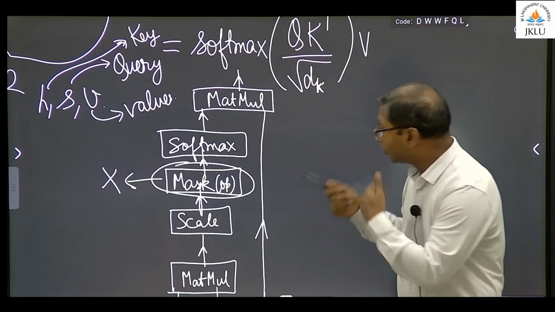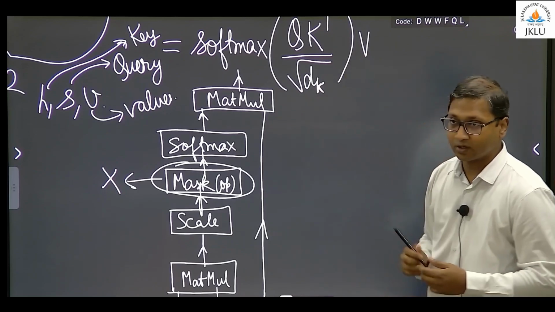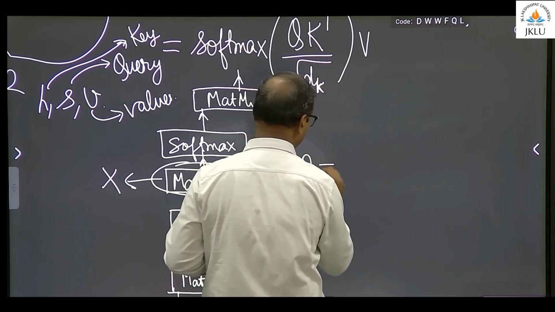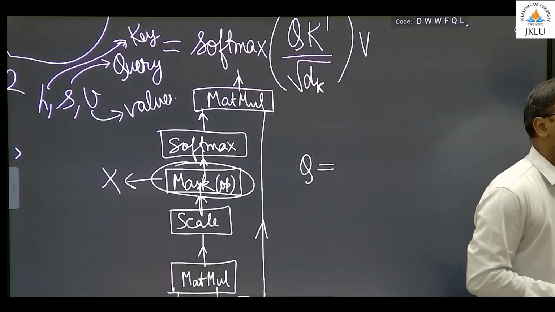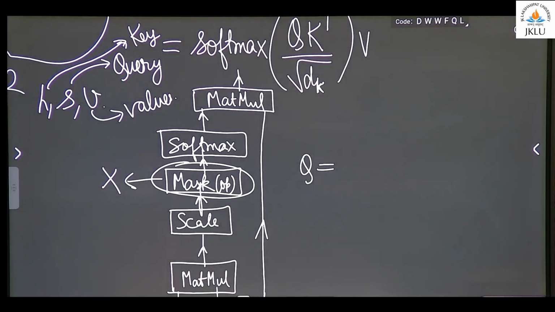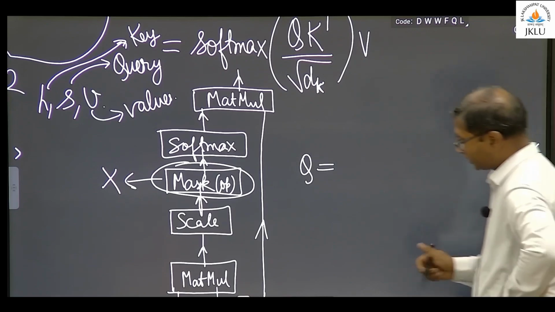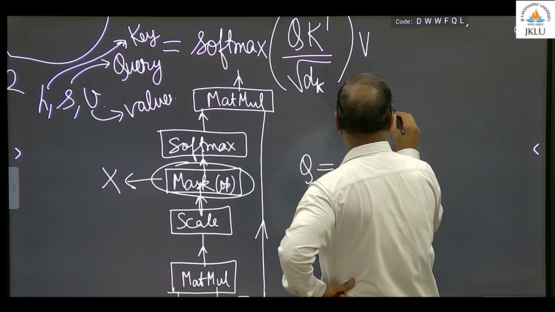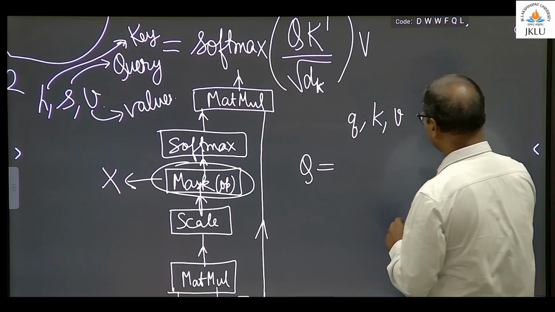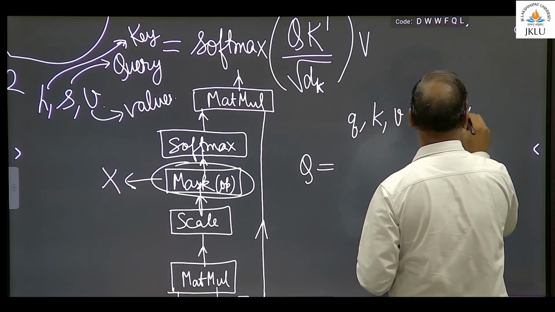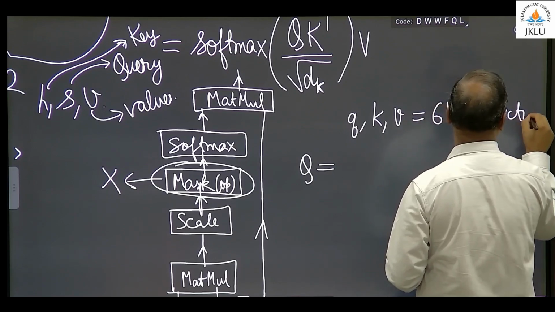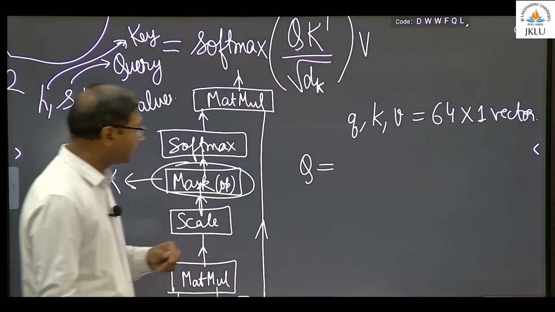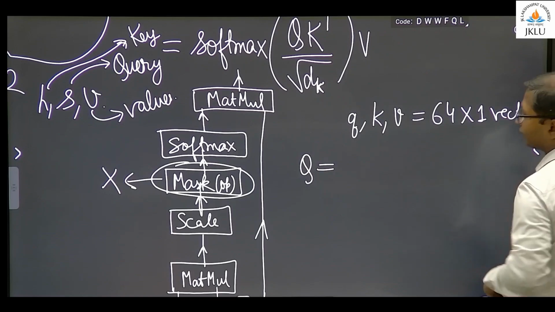How do I zoom inside these operations? Let's say my Q, K, V are each a 64 cross 1 vector.